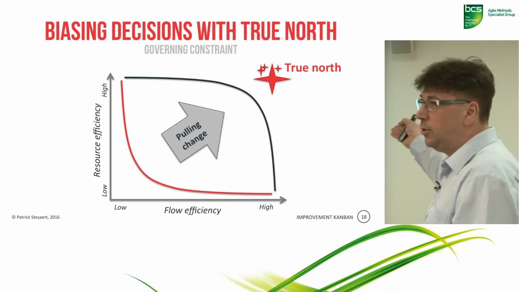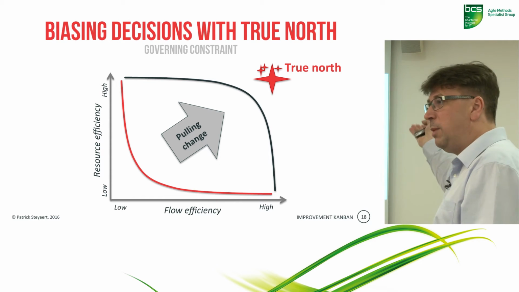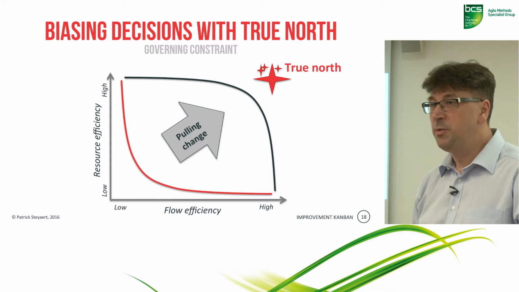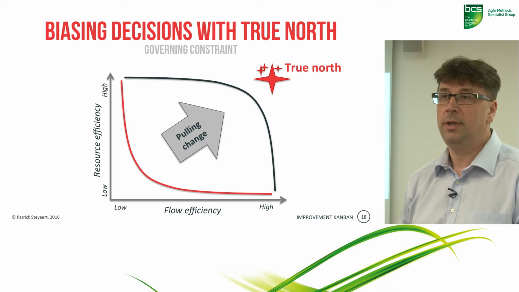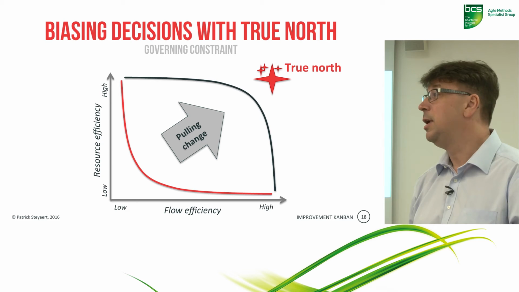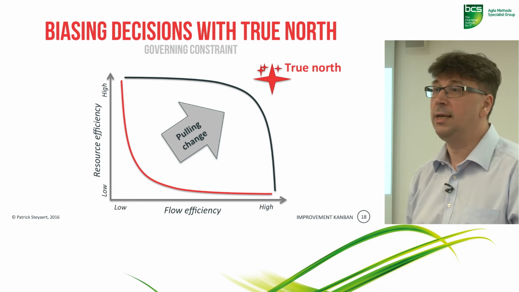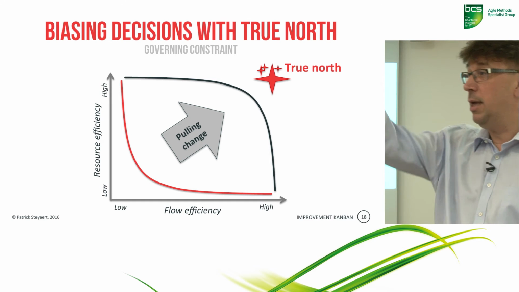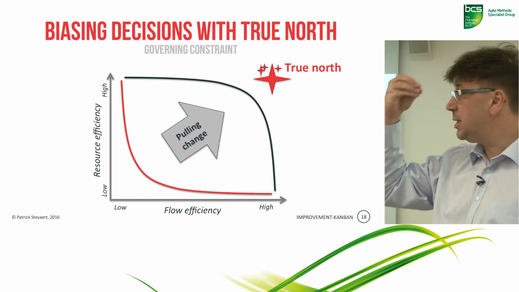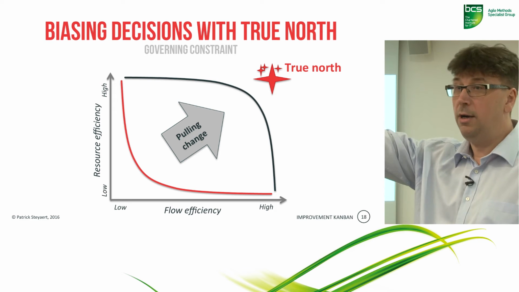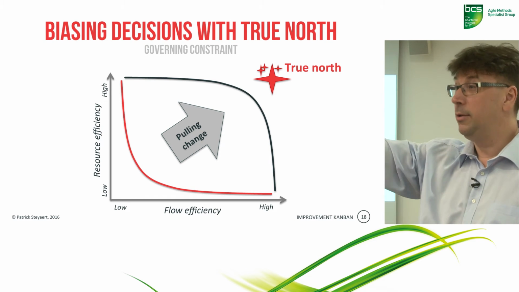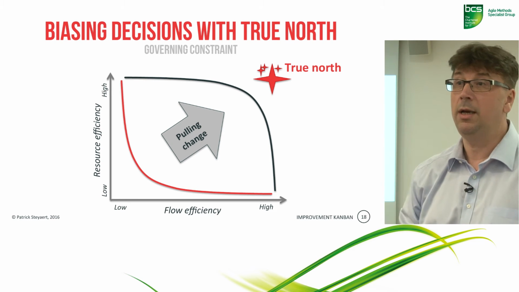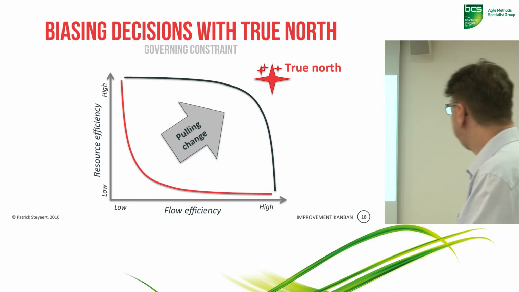The guiding star, the true north, in this case one-piece flow, helps people to break that trade-off and find a way to have both flow efficiency as well as resource efficiency. So literally in your landscape, it's a guiding star that helps you direct yourself to the high peaks in the landscape.